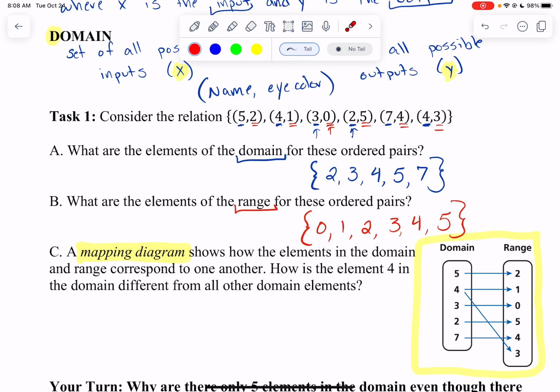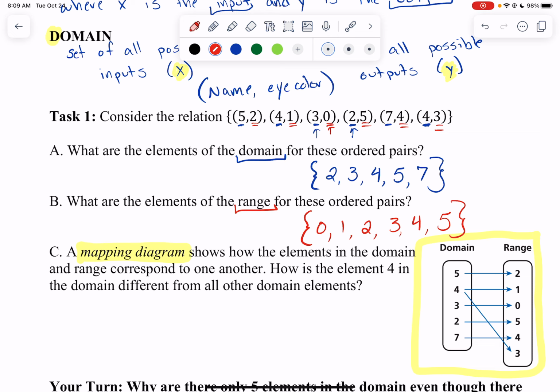The reason it's called a mapping diagram is it shows the 5 goes to the 2, so my ordered pair 5, 2 is there. My ordered pair 4 to 1 is there, and 3 to 0 is there. It has an arrow that shows one goes to the other. That mapping diagram shows how the elements in the domain and the range correspond to one another.